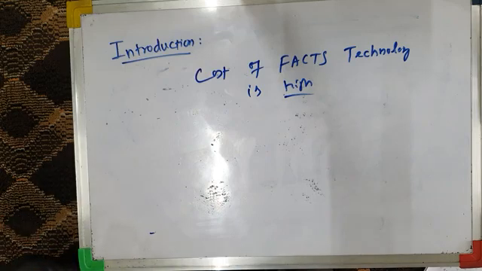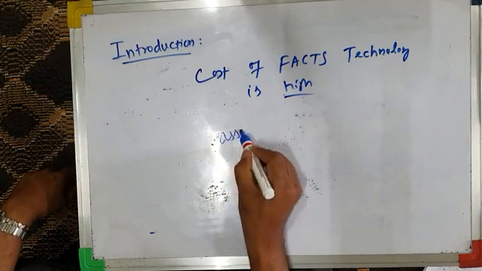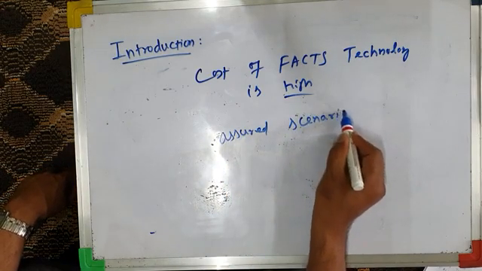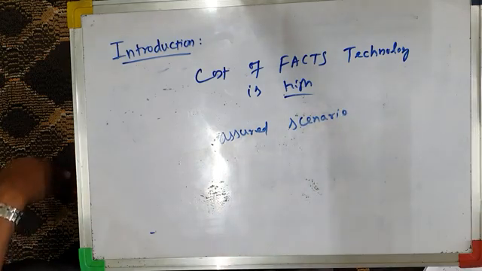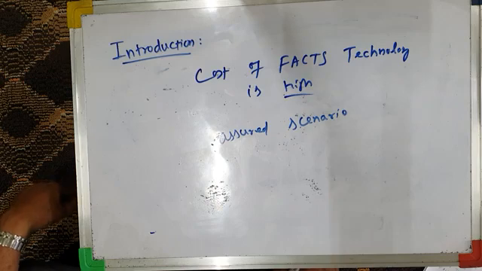Let me tell you, there will be widespread use of FACTS technology in future. The widespread application of FACTS in future is an assured scenario, which means that in 5 to 10 years down the line, all transmission networks will be enhanced by FACTS technology, by FACTS devices.